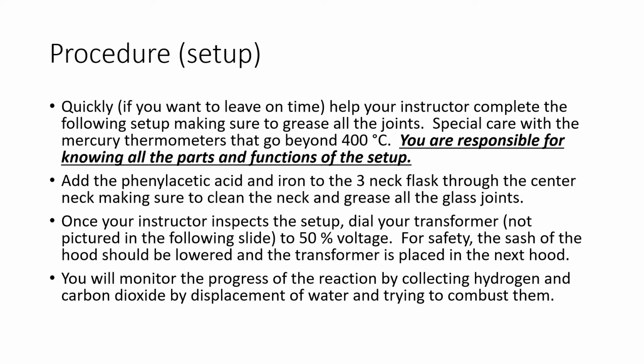So to monitor the reaction, we watch the water bucket as well as the graduated cylinder by observing how much hydrogen gas and carbon dioxide is produced, as well as how much water is displaced in the graduated cylinder.